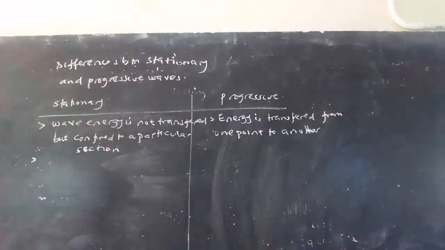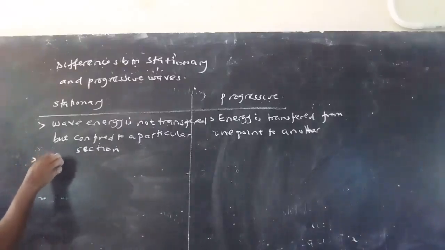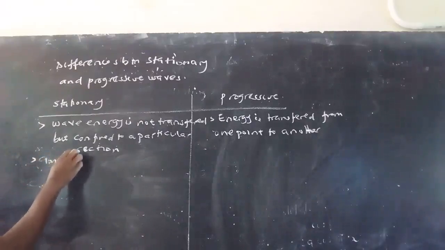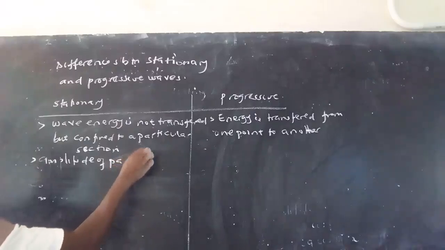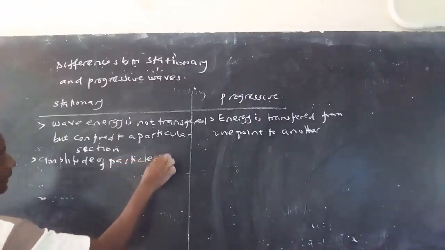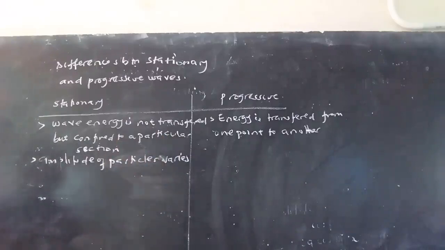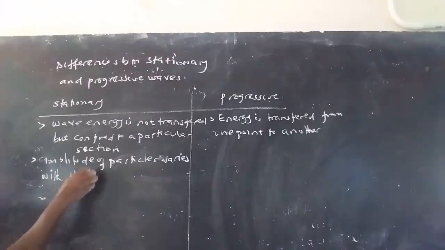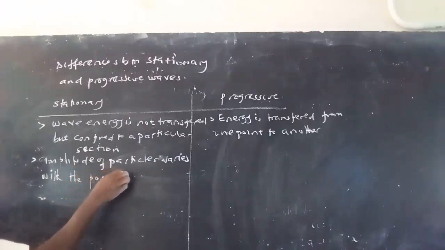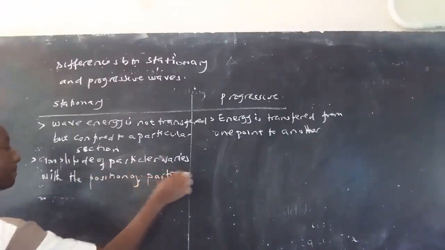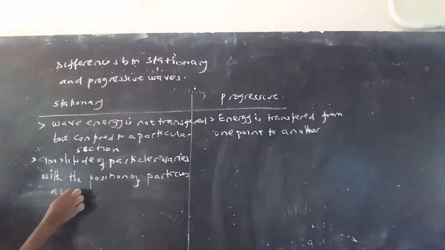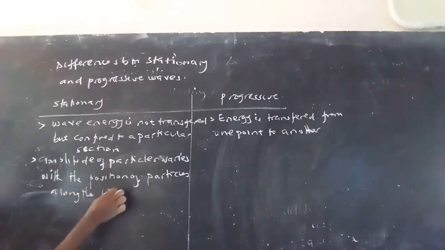Number two, we talk of the amplitude. Here, the amplitude of particles in the medium varies with the position of particles along the wave.